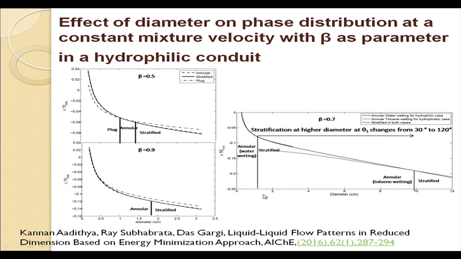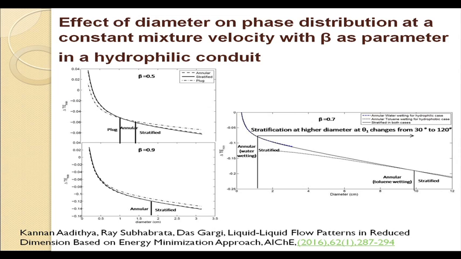We could also predict the zone of transition, and very interestingly, we could also predict the domain of microchannel and the domain of macro system. For example, for our hydrophilic case, we found that the onset of stratification started beyond, I think, 15 centimeters, isn't it?